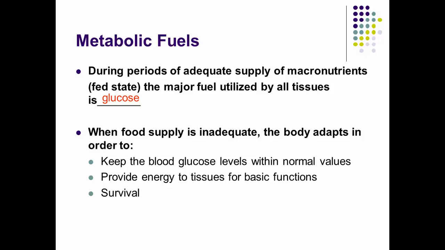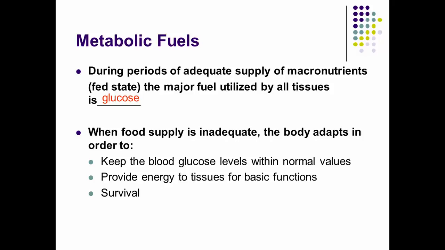And during the fasting, when we don't have enough nutrients from the diet, the body adapts, first of all, to keep blood glucose level within the normal range. This is very important for the brain and other tissues and cells that can only rely on glucose for energy, remember, right?